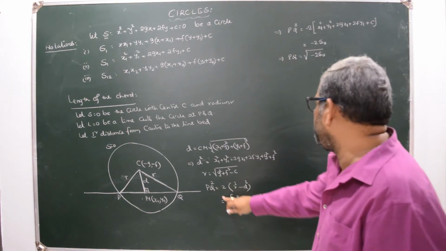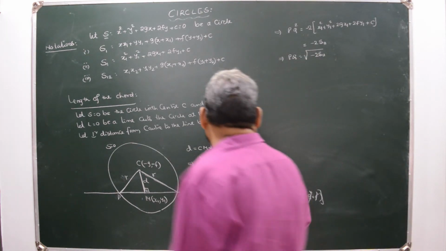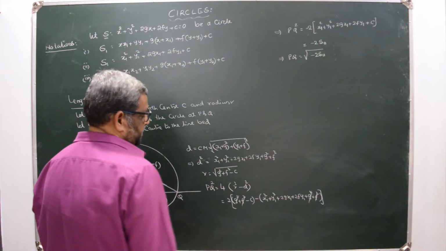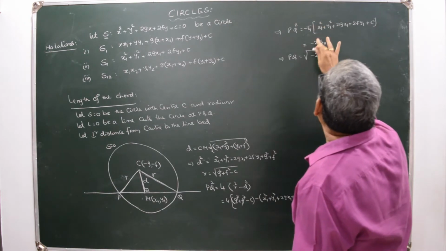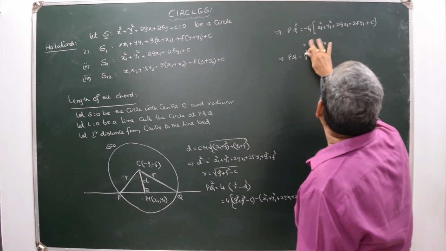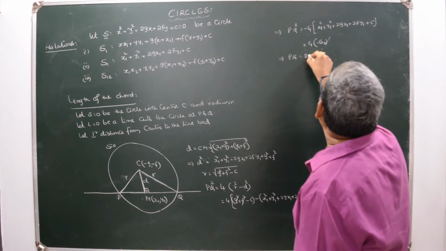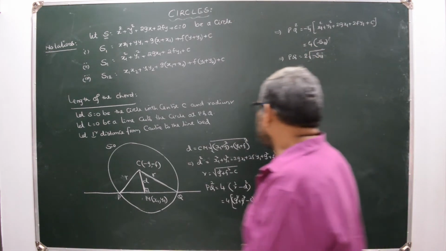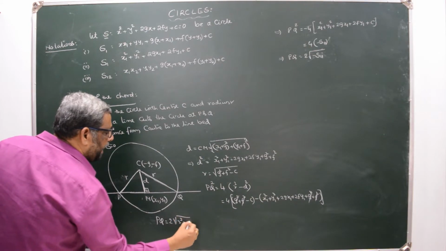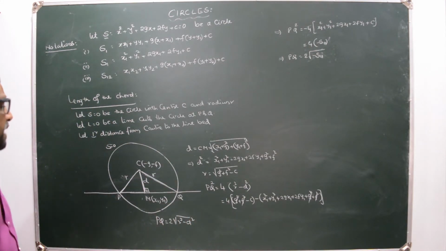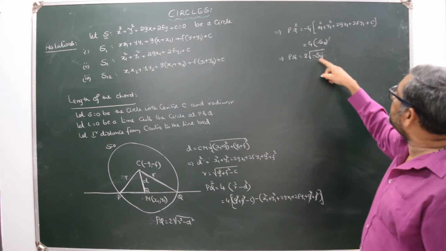PQ square is equal to 4 into R square minus D square, so PQ square is 4 into minus S11, and PQ equal to 2 into root of minus S11. This is negative? How can we get this correct?